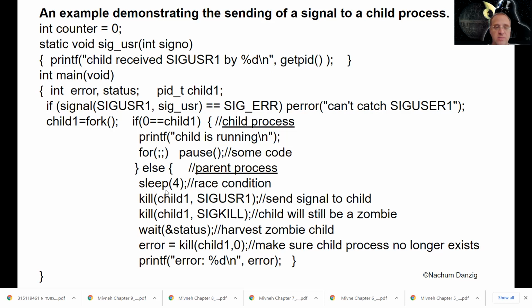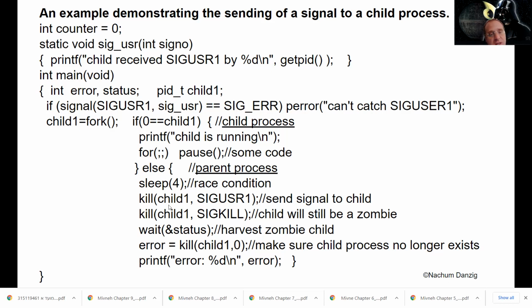In any case, I get here and I say, here's one of those examples of how to send a signal. I say, kill child1. Now I'm the parent. I'm not sending this signal to myself. I'm sending it to the child process. And I know the child process's number because I created him. I, the parent, did the fork and got the child ID.